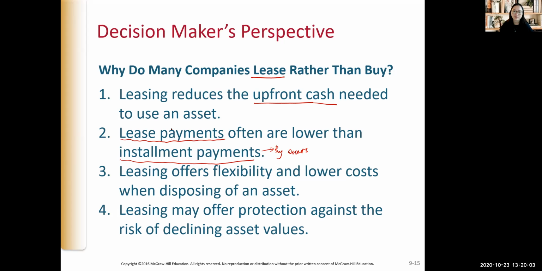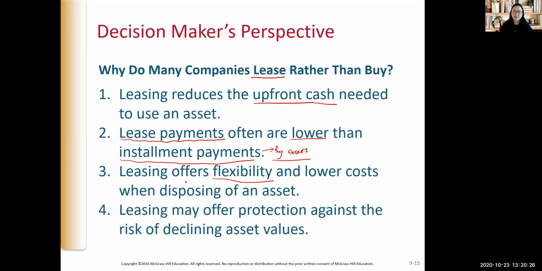Hence the lease payment is often lower because you can borrow for multiple periods. But when buying, you usually buy new, hence the installment payment of the new asset is going to be much higher than the lease payment.